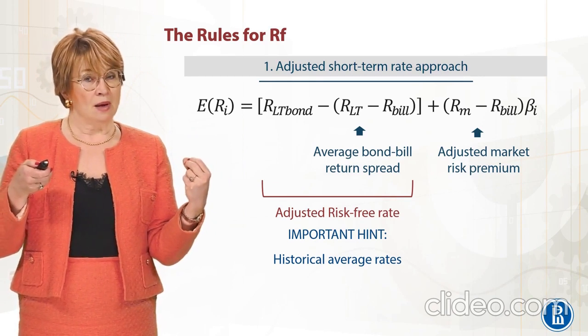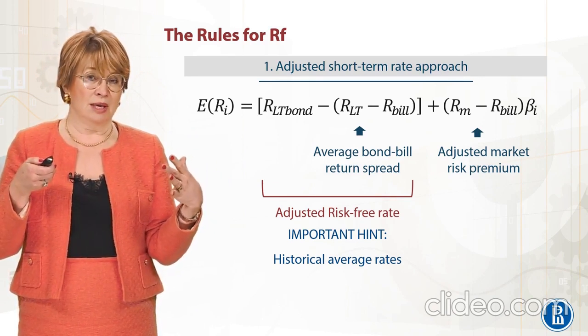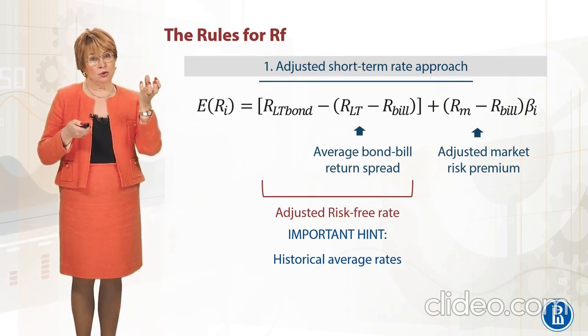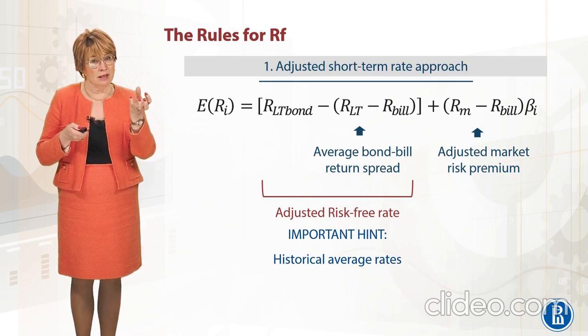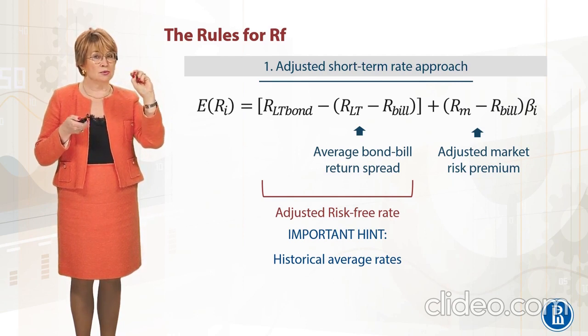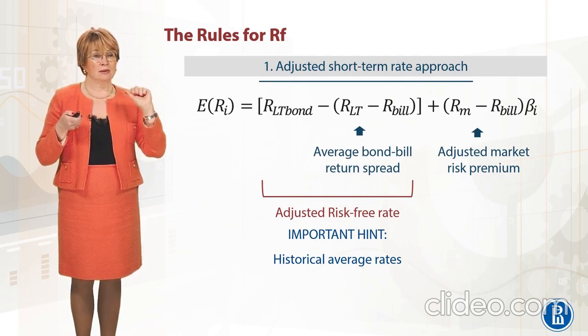Why? Because we want to get the risk-free asset represented by the short-term treasury bill, but the current value of the treasury bill rate of return is very sensitive to the inflation level, as we already explained.